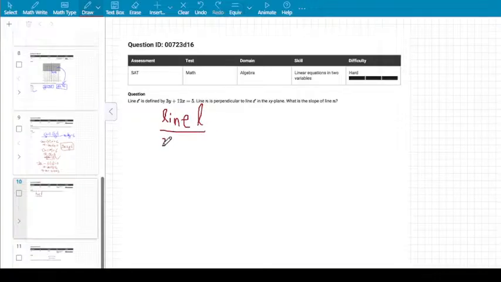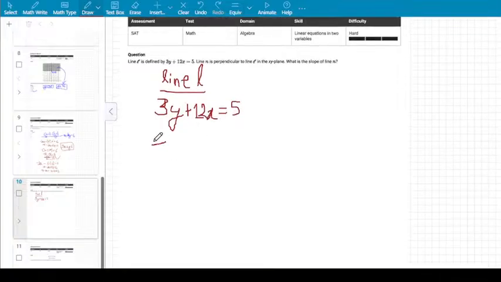So 3y plus 12x is equal to 5. So we can bring the y to one side and then we can convert it into the form y equal to mx plus c, where m is the slope and c is the y-intercept.